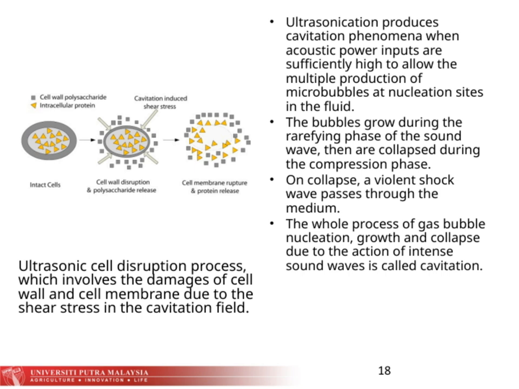This collapse is really significant because it creates a violent shock wave that passes through the medium, and that's what makes cavitation so powerful. Essentially, cavitation is the process where gas bubbles nucleate, grow, and then violently collapse due to intense sound waves. This process is fundamental in ultrasonic cell disruption because the shear stress generated by these collapsing bubbles damages cell walls and membranes.